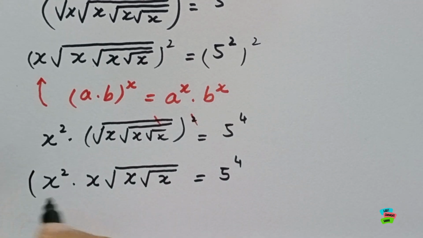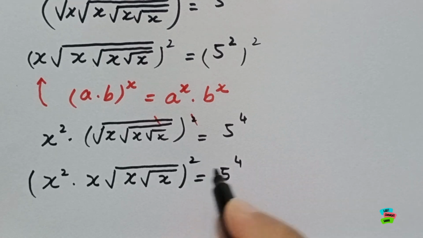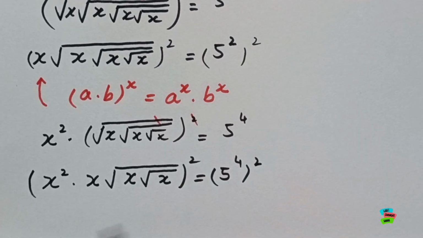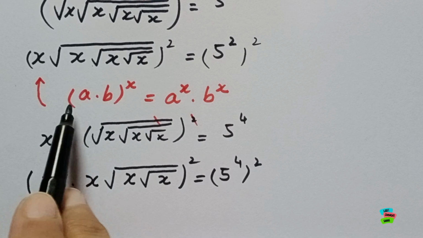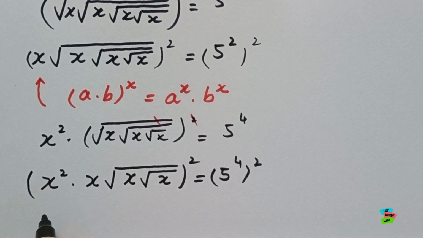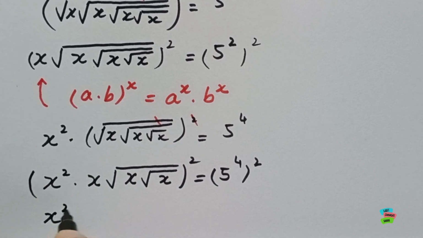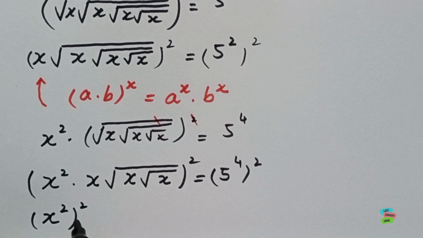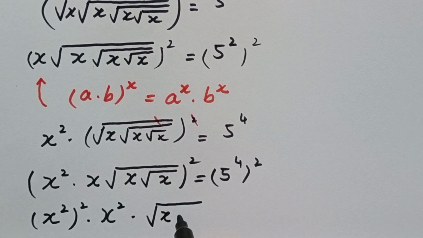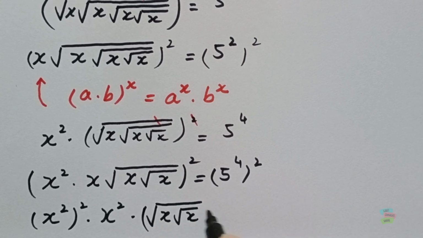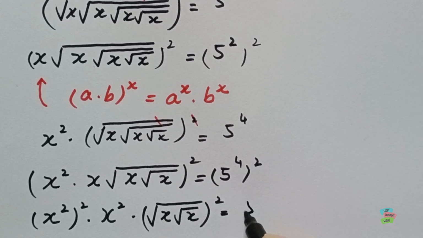From here we will take the square on both sides again, and then again we will use the same property of the exponent. We will write x to the power 2 to the power 2 times x to the power 2 times the square root of x to the power 2 is equal to 5 to the power 8, since 4 times 2 will give us 8.